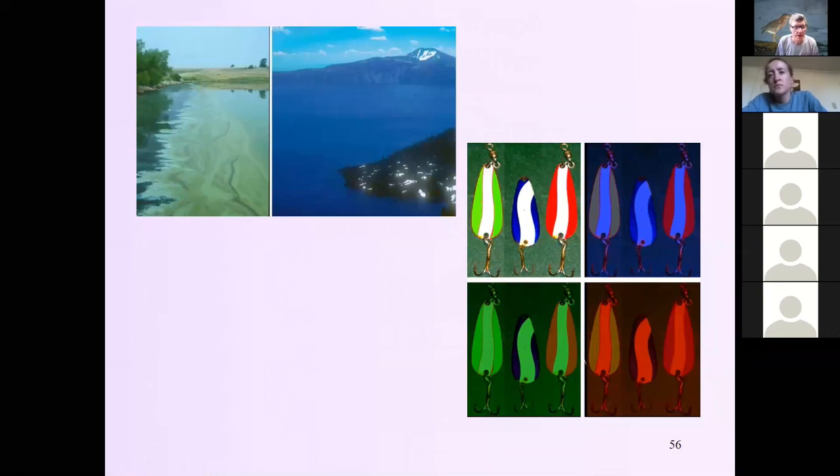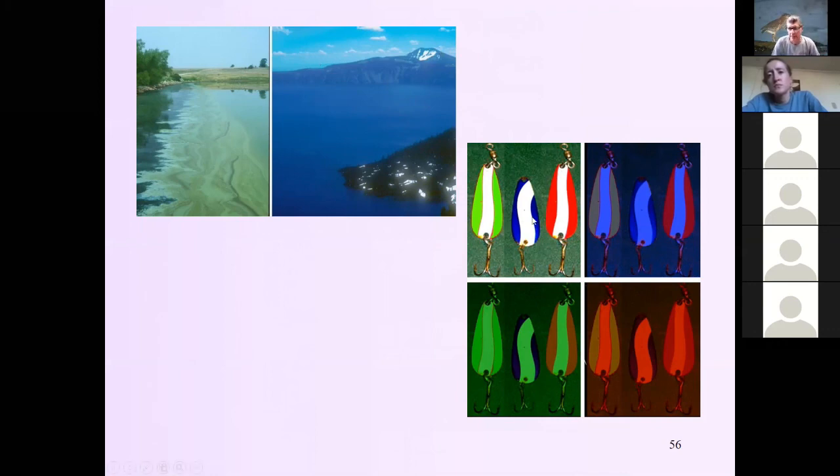The question though here is, why are fish lures the color that they are on the right-hand side? Can anybody tell me what the predominant reason for the color of fish lures is? Is it so it could stand out from the color of the water, and what color you're seeing if you're looking up? Presumably. Okay, so what I've got here is a picture of 3 fish lures, and I've used Photoshop.